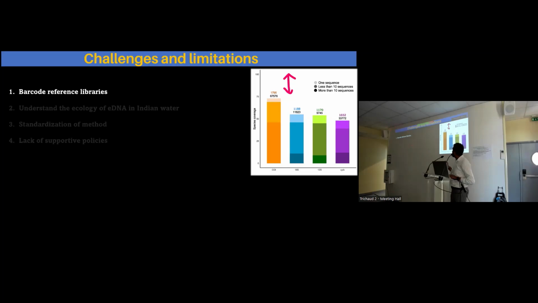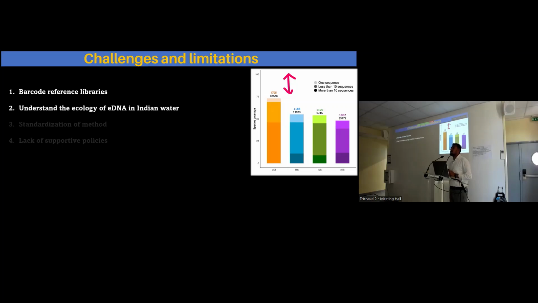We did a gap analysis of available fish species in Indian waters, and found reference coverage of only 45 to 75%. There is still a gap. The species in the remaining range we cannot get using eDNA because we don't have the reference. These are the major challenges, and in most tropical countries, these problems still persist.